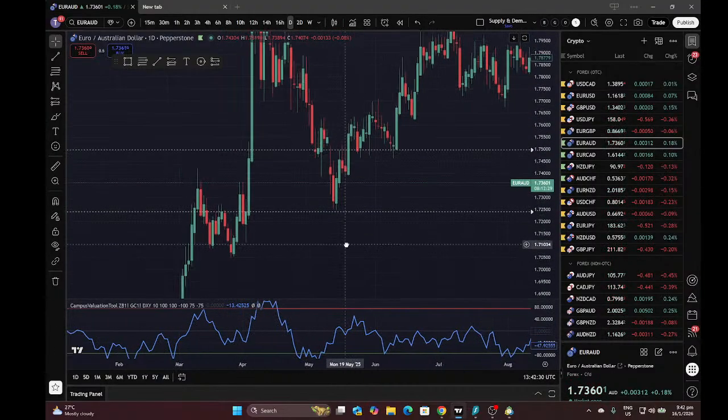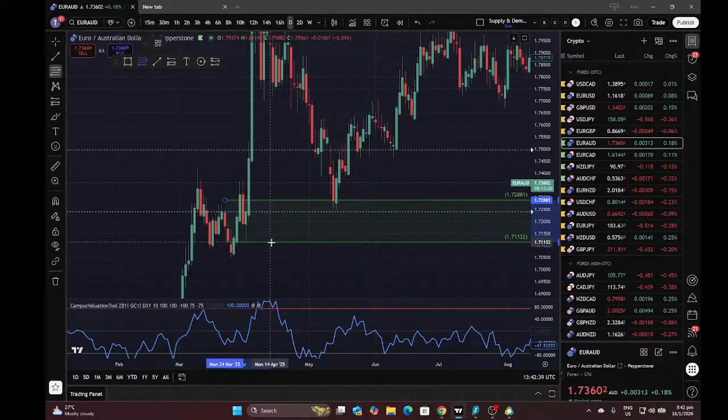I like this demand zone. Plus the leg in is kind of solid. I would trade this zone, I'm not gonna lie.